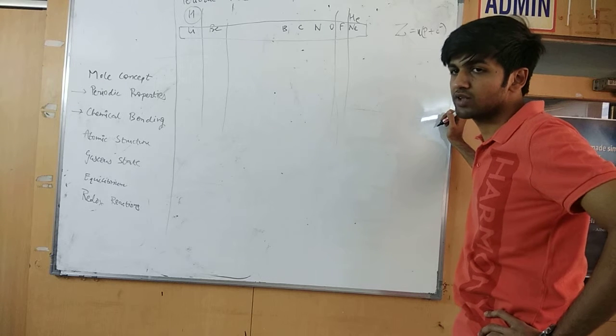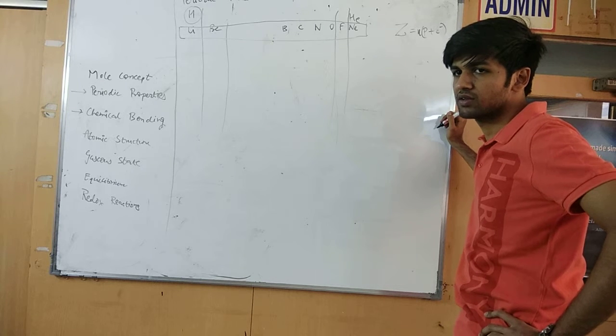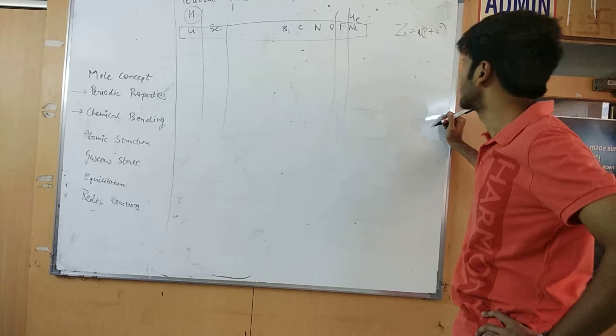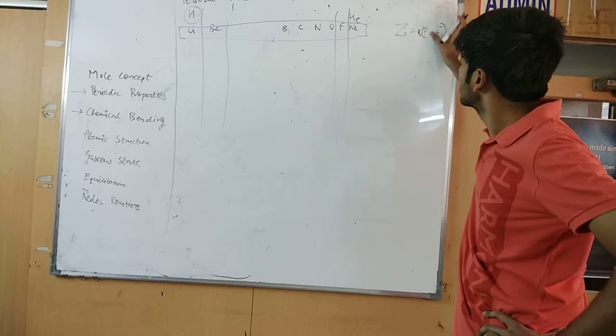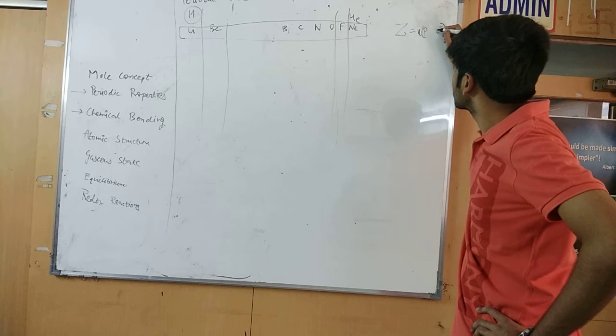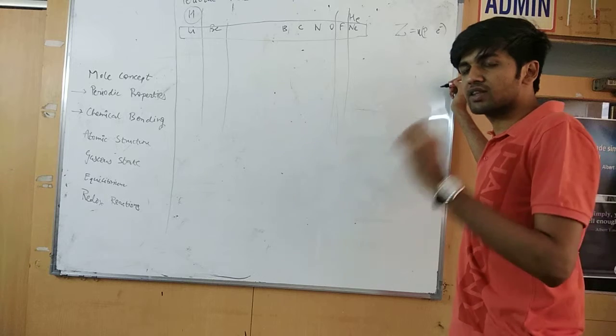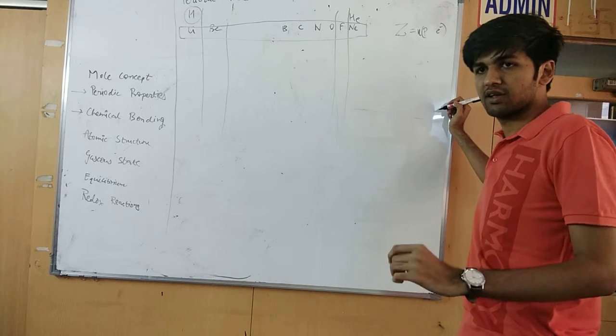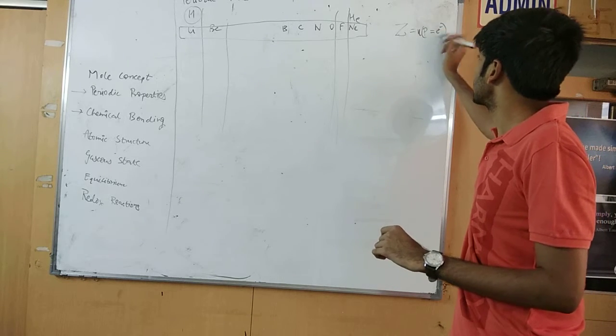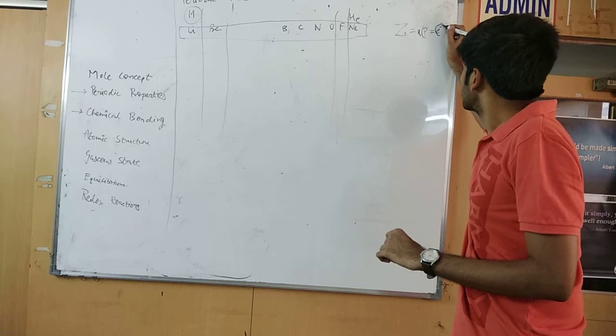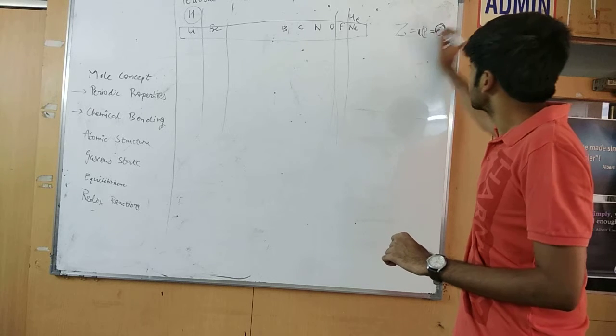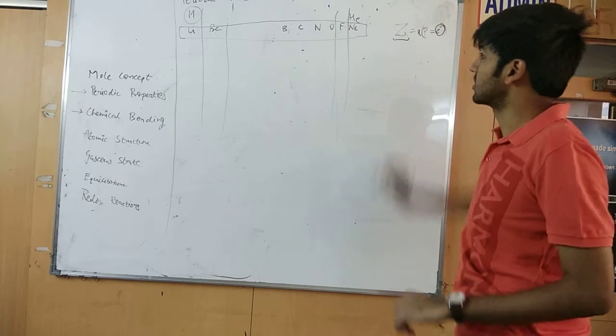If protons are more than electrons, then the atom is positive. So we always go with the electrons, whatever number of electrons are there in the normal state. So electrons are the most important, which makes the atomic number.